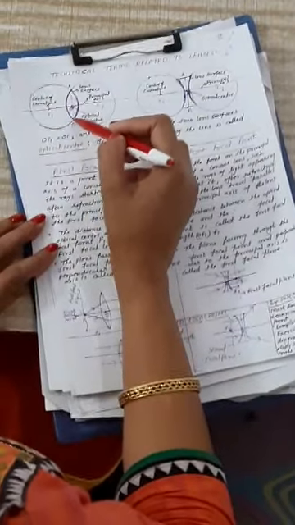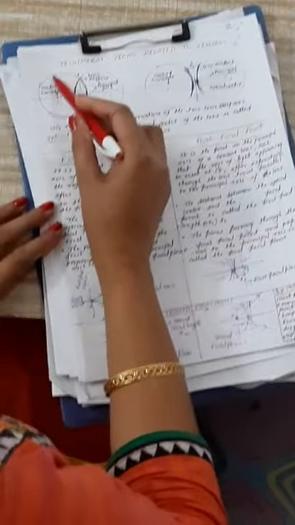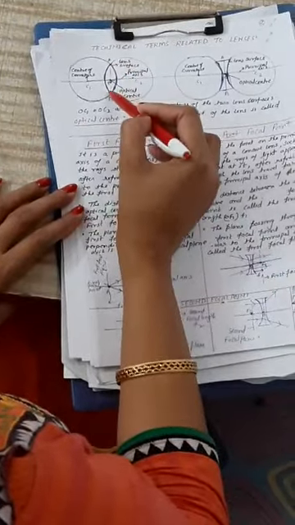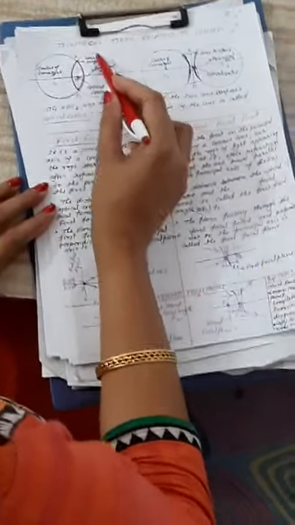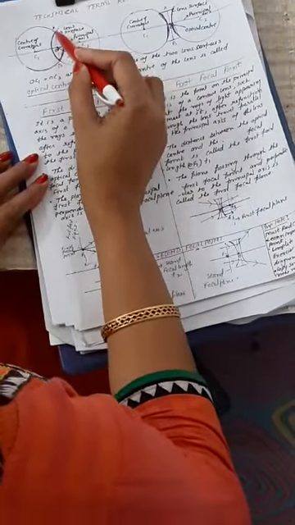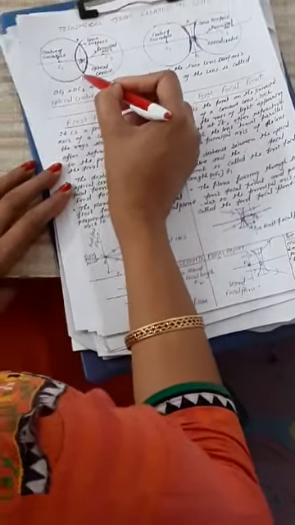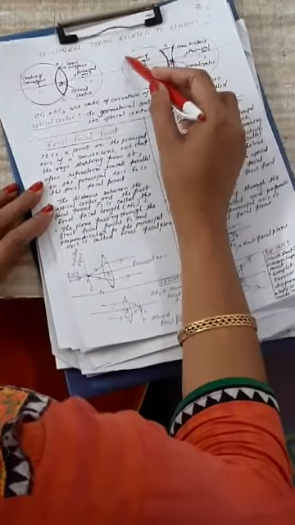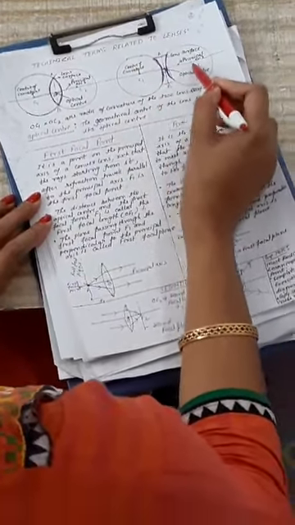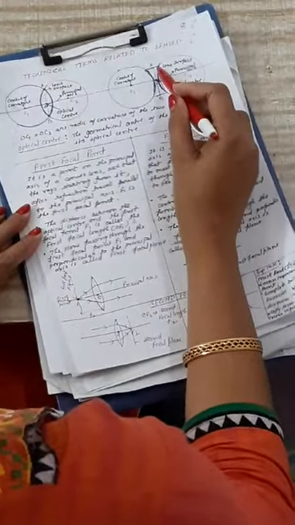Look at this diagram. This diagram is clearly showing that this is one sphere and this is another sphere, and both spheres are intersecting at points A and B. The same here in this case also. One sphere is this, C1 is the center, C2 is the center, and this is the part.